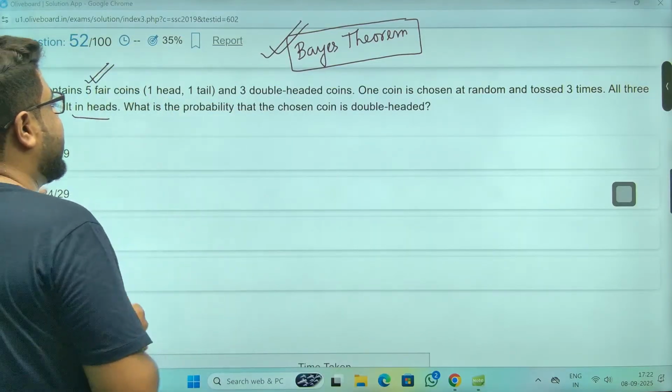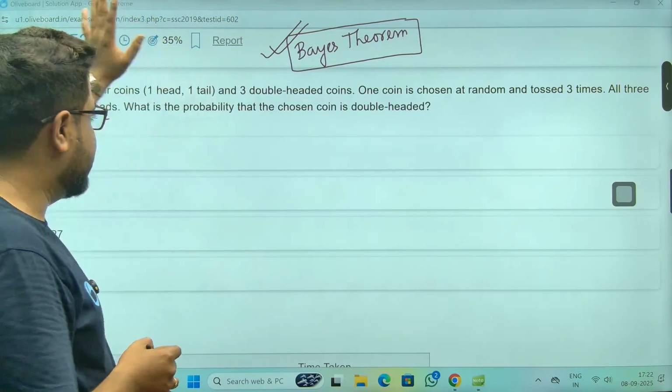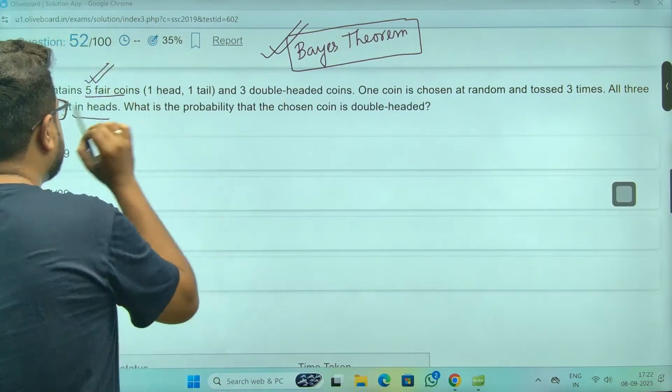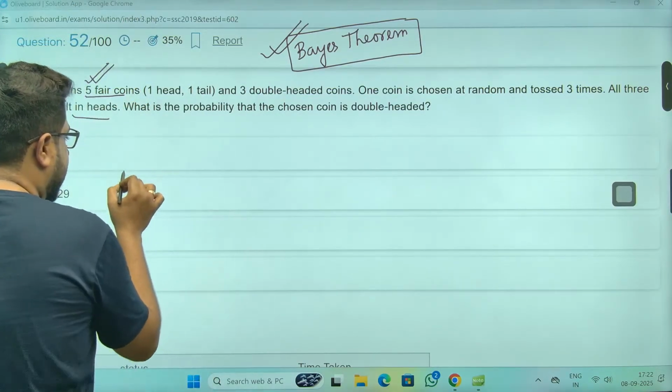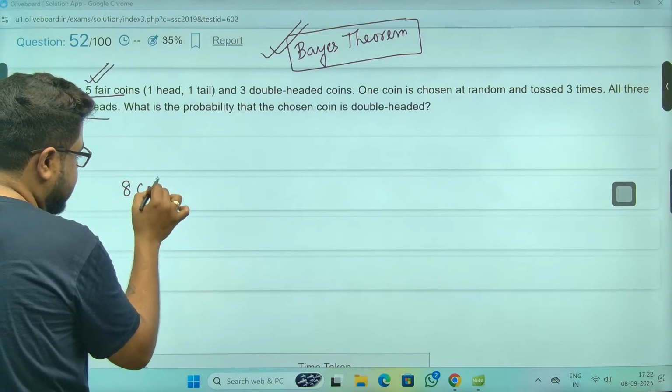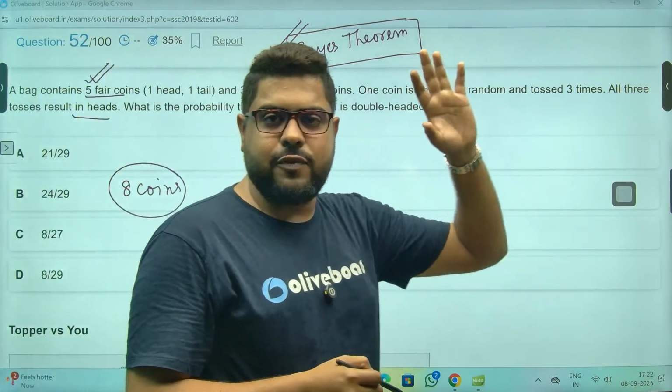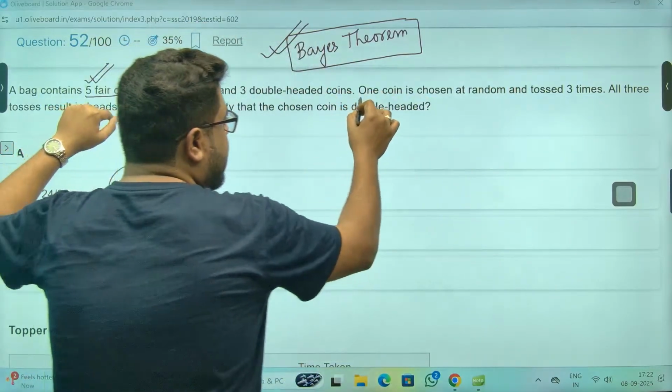5 fair coins and 3 double-headed coins. Let's understand what will happen. First of all, there are total 8 coins. One coin is chosen.